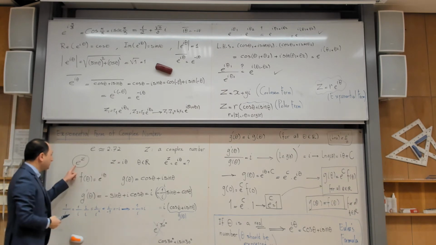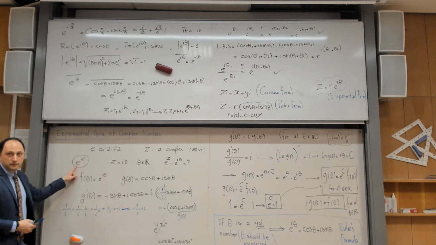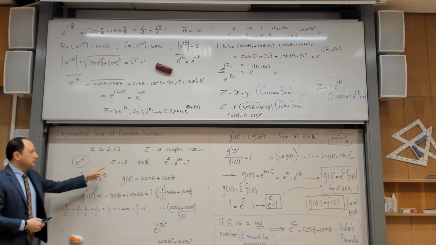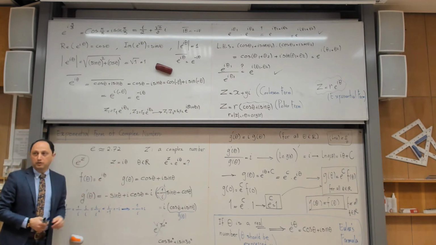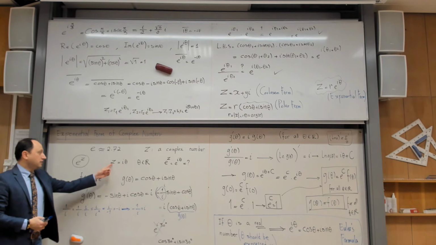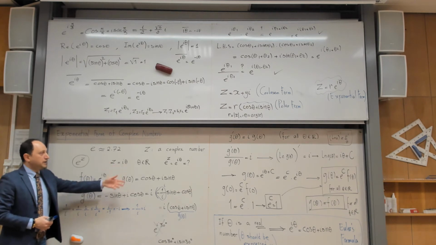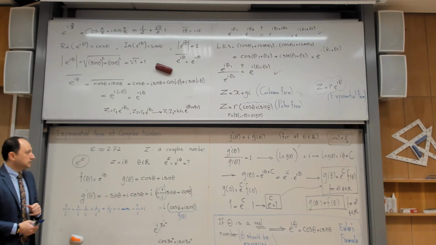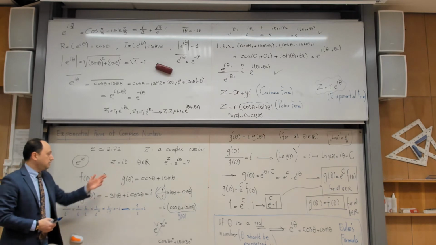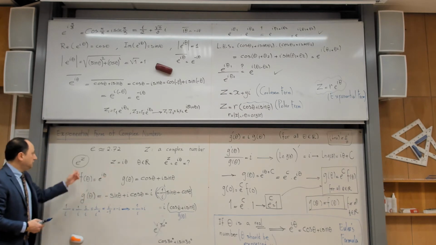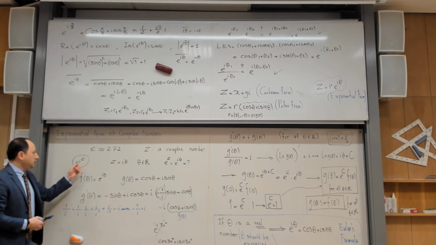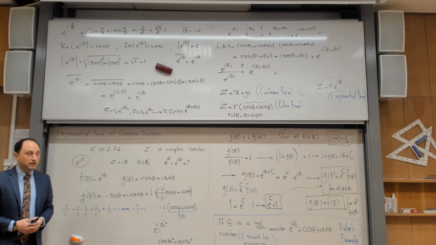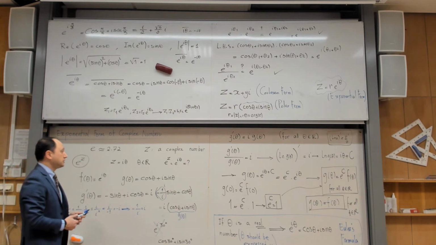But we haven't addressed this question fully yet. I only considered a very special case in which the real part is 0. If I have a complex number in this form, then we address the question, what is the meaning of e to the power of i theta? But now everything is ready, we can define e to the power z for any complex number z, okay?